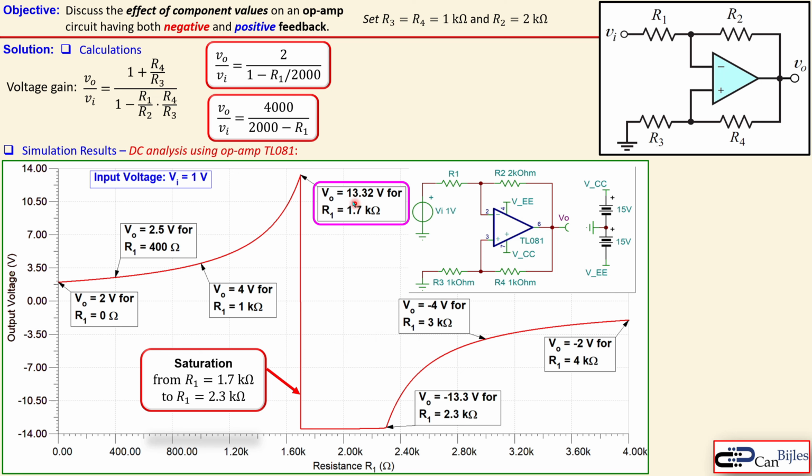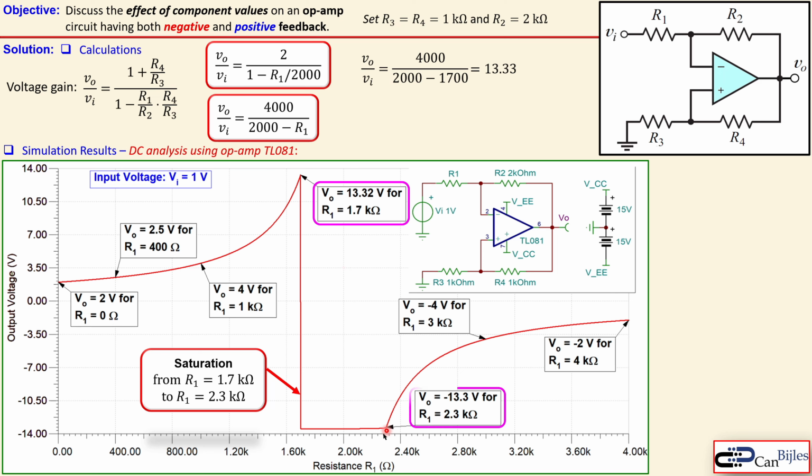That's why we have here this 13.3 volts approximately at 1.7 kilo ohm. You can, by the way, calculate that this is indeed the case, because if you look at this formula and substitute here this 1.7 kilo ohm, you get here 13.33 volt, which is, of course, very close to what we see here.